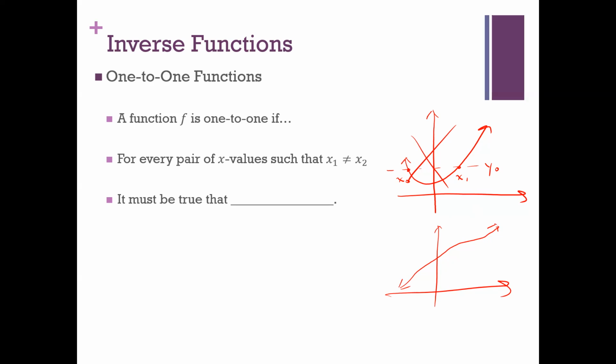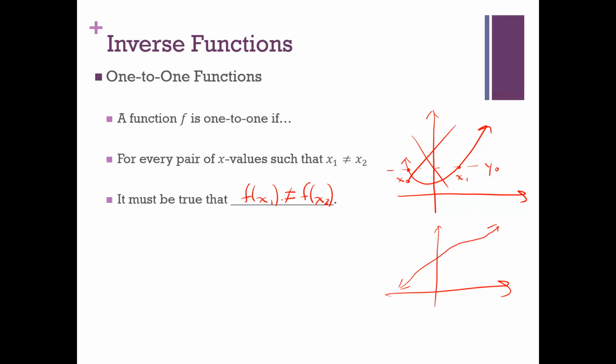What does that mean? Let me actually write down what I'm looking for. What operator can I put between these two things? Yeah, they must not be equal. So that's probably the most common definition of a one-to-one function.